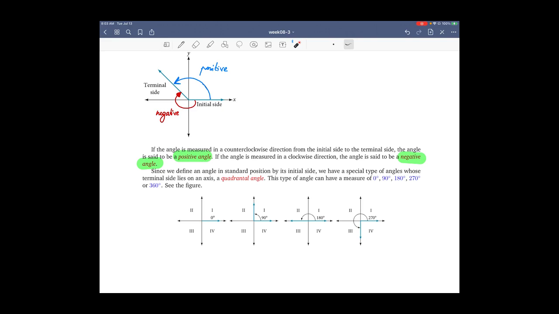We will call them quadrantal. Note that these are all positive angles. All four of these angles are positive.